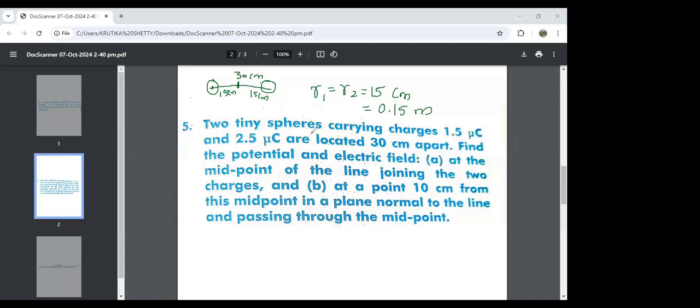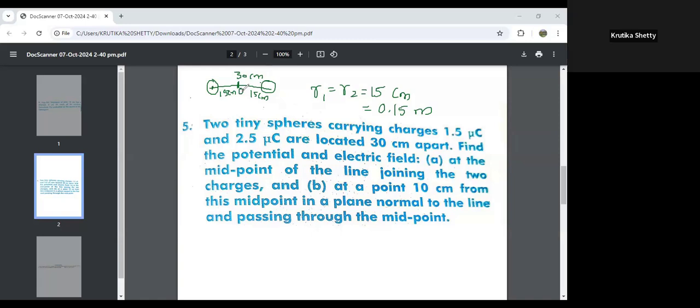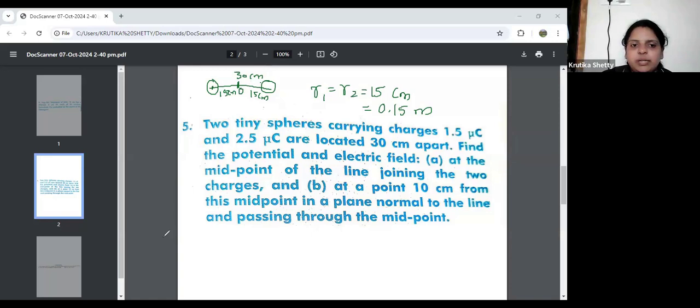The potential at the midpoint. If you denote the midpoint as O, see how the potential can be calculated. The potential formula you already know, we saw it yesterday. Therefore the potential at the point O, or midpoint, is equal to 1/4 pi epsilon naught, and due to the two charges it is Q1 divided by R1 plus Q2 divided by R2.